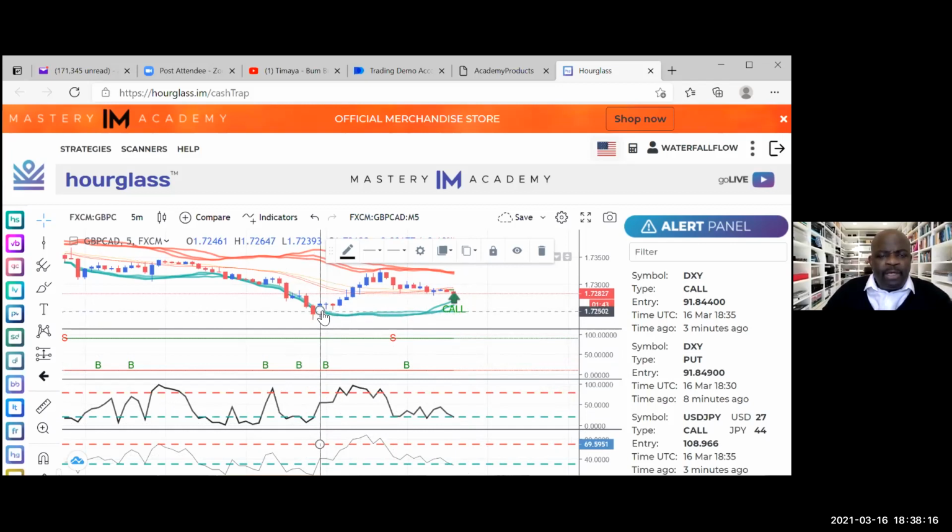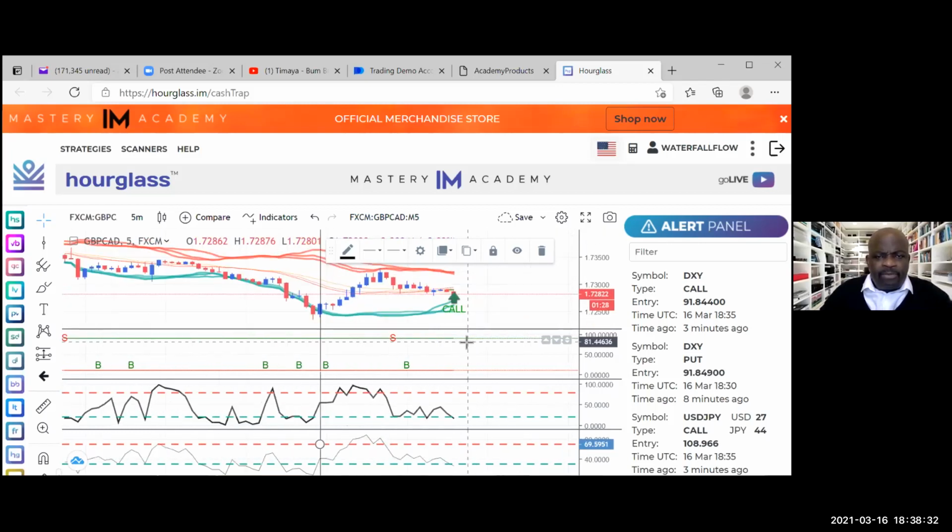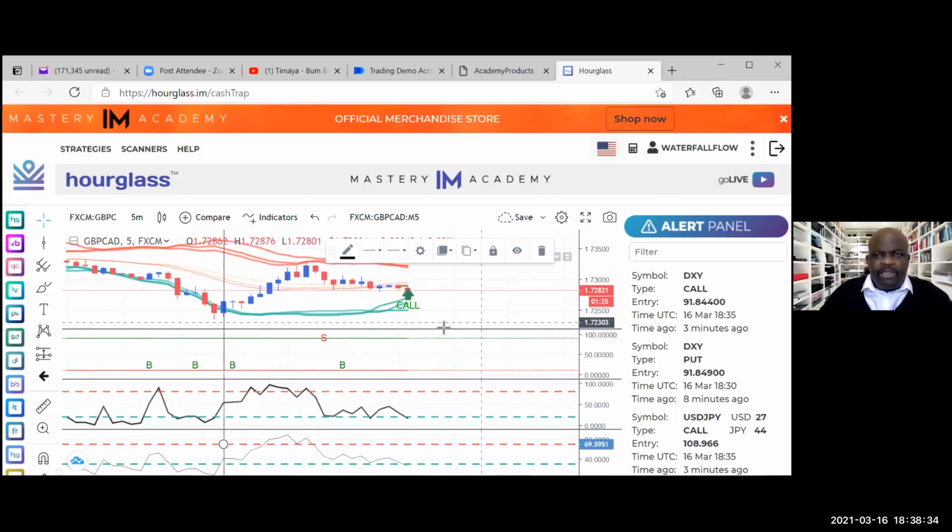So that's 5 points. So if you satisfy all those criteria, you just jump into the trade. There's nothing else to look out for. So that's cash trap. It's really very easy.